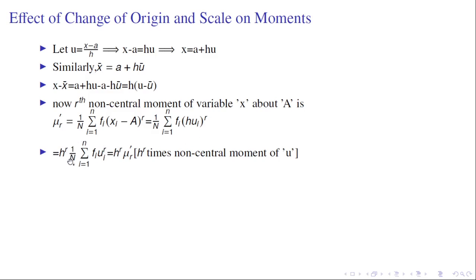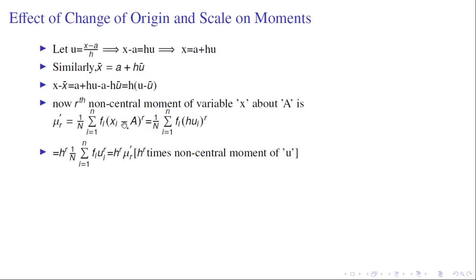This up to here is nothing but the non-central moment of variable u. So h power r into mu r dash: this is h power r times the non-central moment of u, whereas this is the non-central moment of variable x.